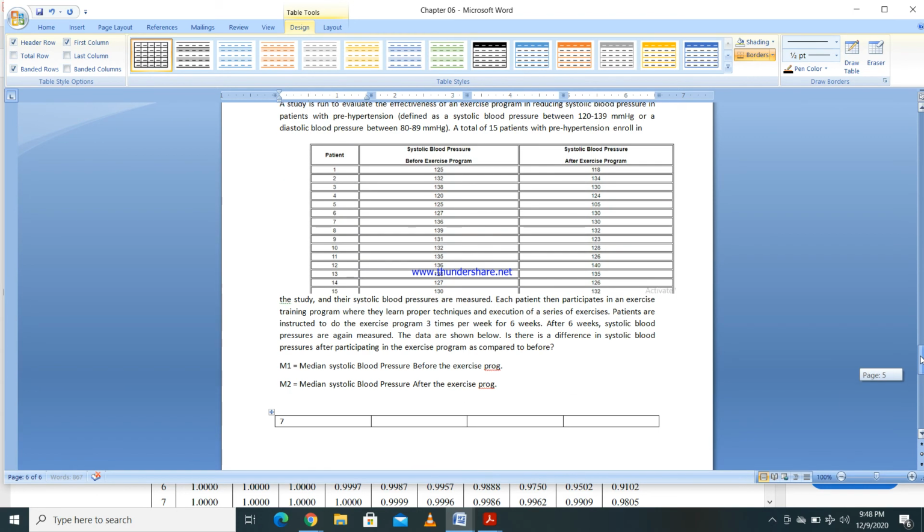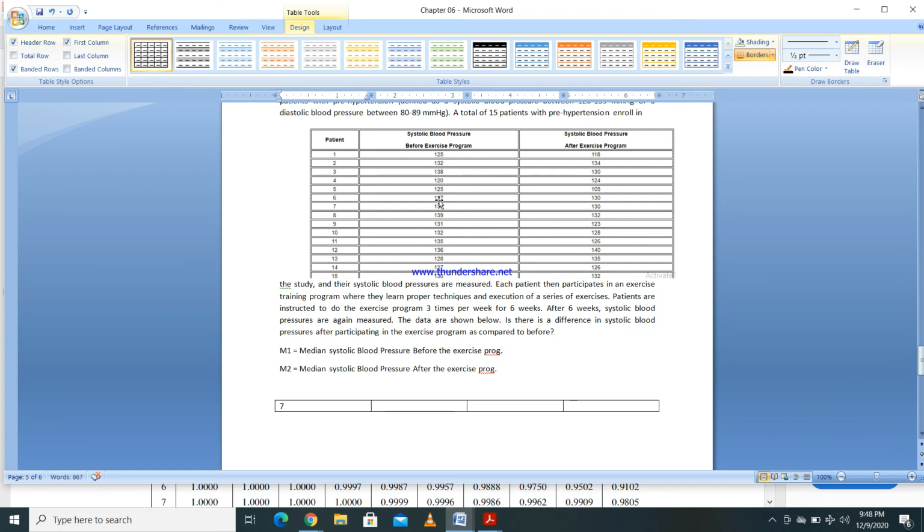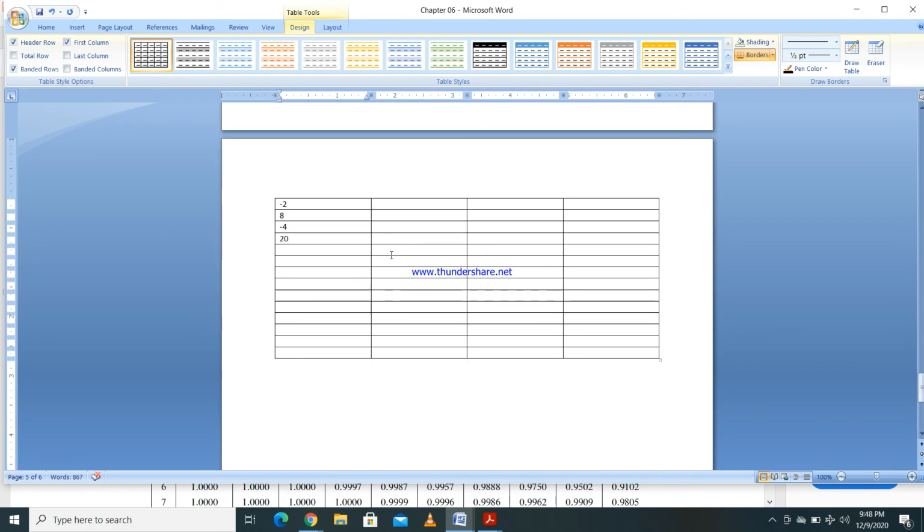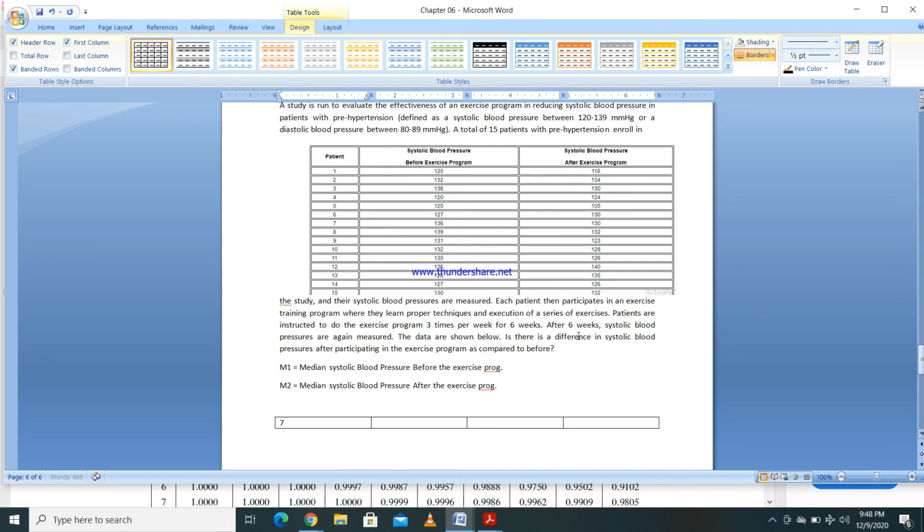and then we have 127 minus 130, that is minus 3, right? So that is minus 3. And then we have 136 minus 130, that is plus 6. 139 minus 132, that is plus 7, right?